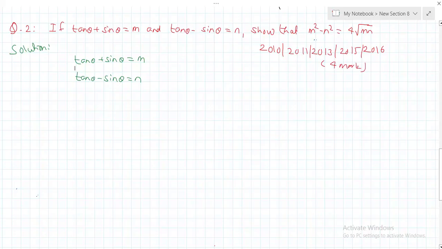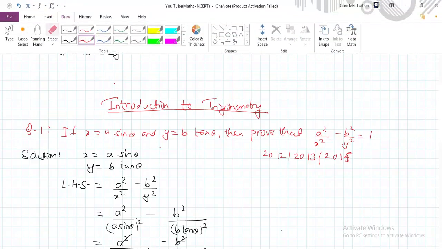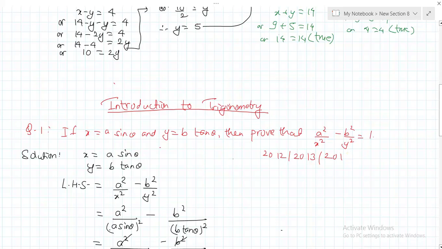This question is also asked in 2012, 2013, 2015 and 2016. This is also of 4 marks.